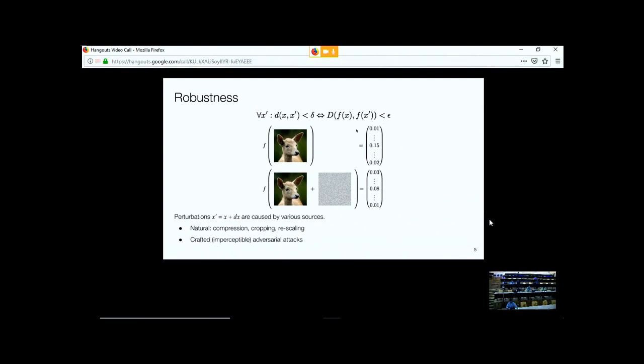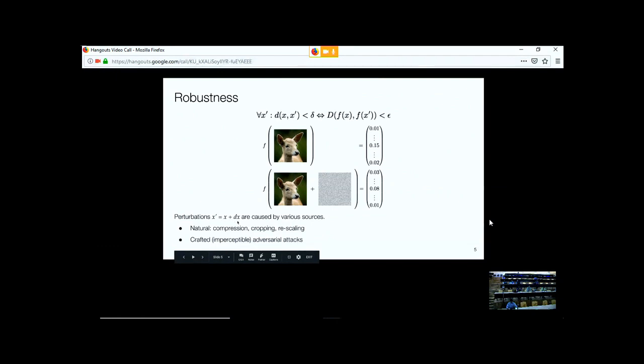This is sort of a formalization of the idea that if I have these two images that are very visually similar, then their outputs hopefully are also quite similar. And it turns out that there are actually many perturbations.